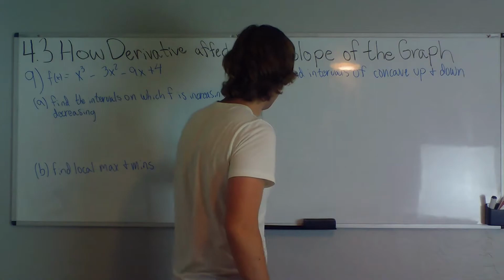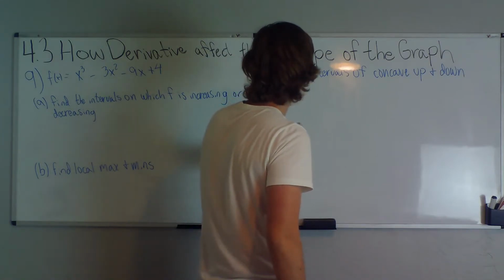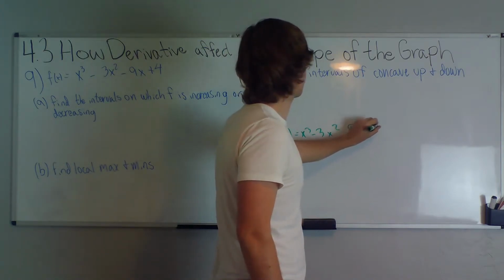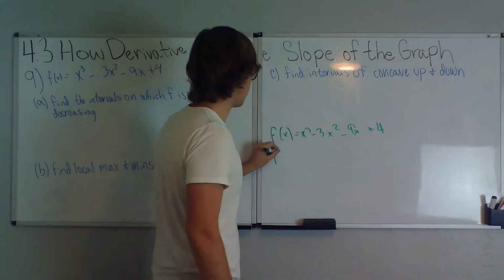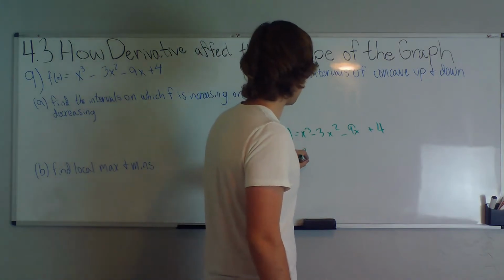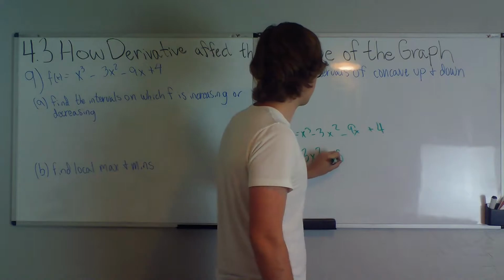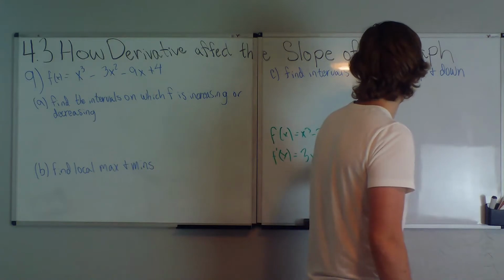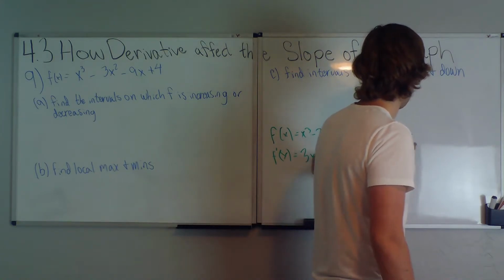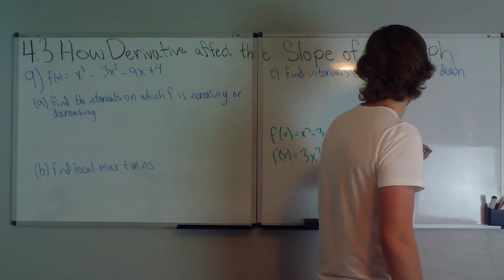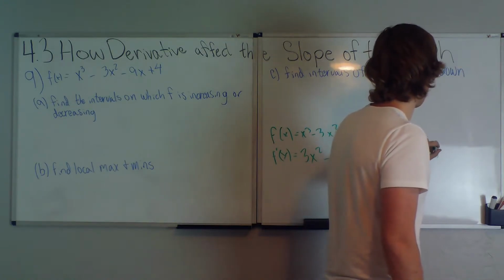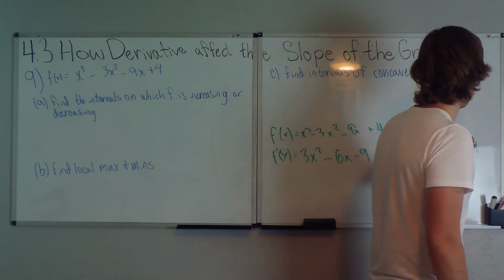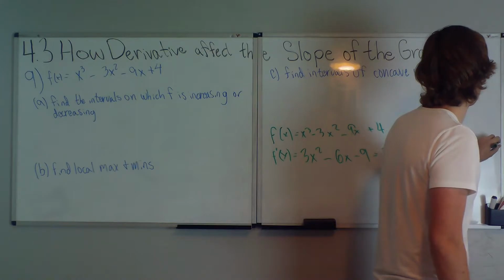If f of x equals x cubed minus 3x squared minus 9x plus 4, f prime of x is equal to 3x squared, power rule, minus 6x minus 9, which is equal to 3 times x squared minus 2x minus 3, and this is equal to 3 times x plus 1 times x minus 3.